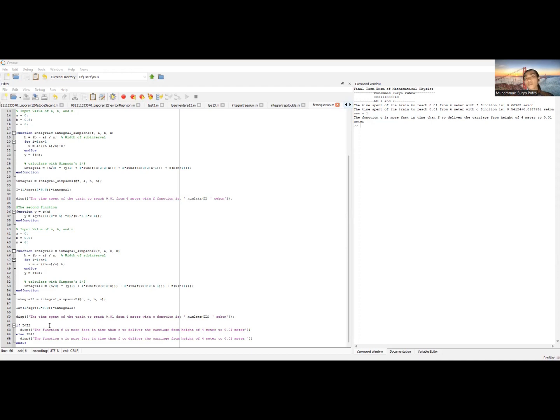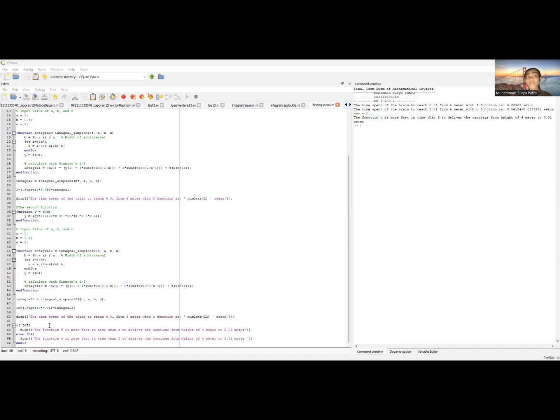the second question is to find a function slower than the C function from number one.